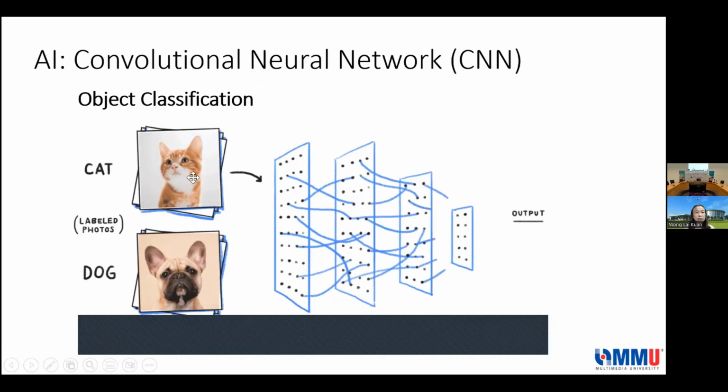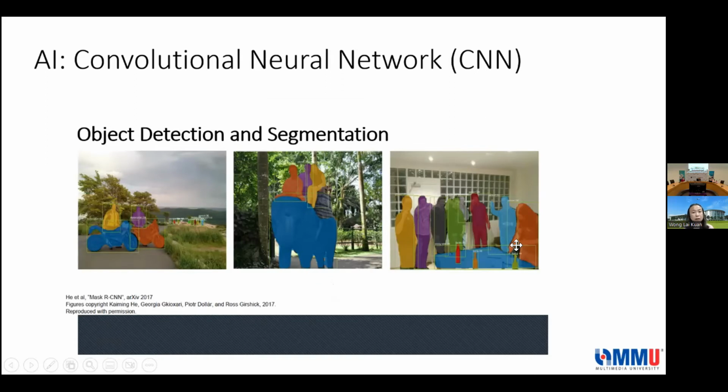So given an image, it can tell you that it's a cat, it's a dog, and so on. And even more advanced, it can do object detection. That means you can see a box here, which means it can actually detect where the object is. And even more advanced, it can detect or segment out the object relatively accurately, like the human, the elephant, and the vehicles here.